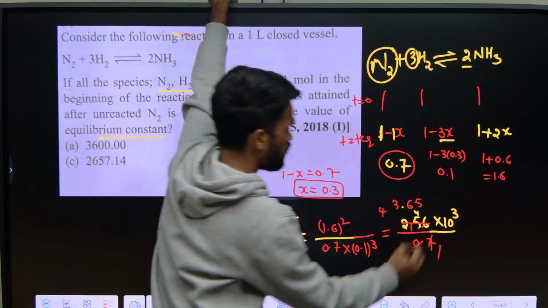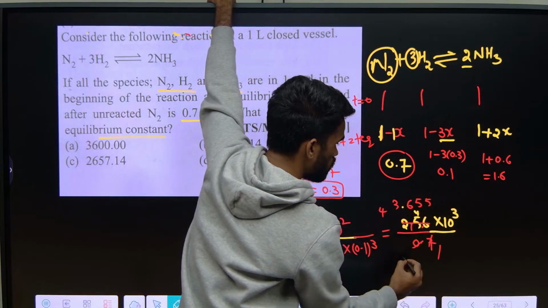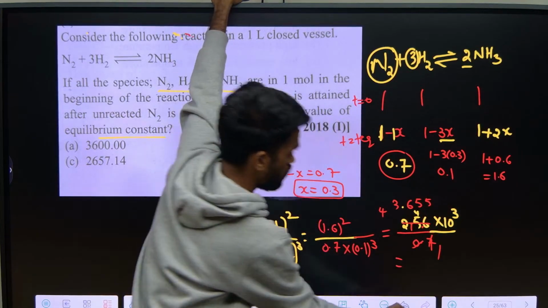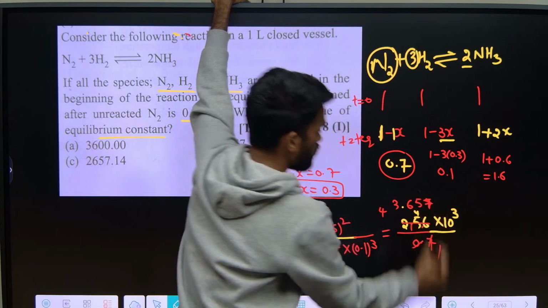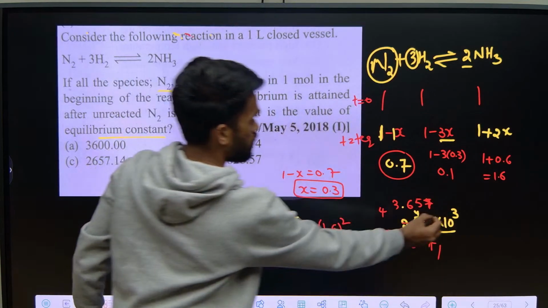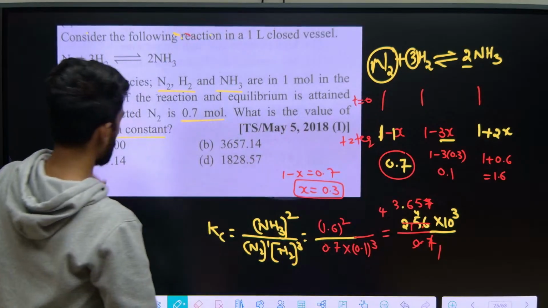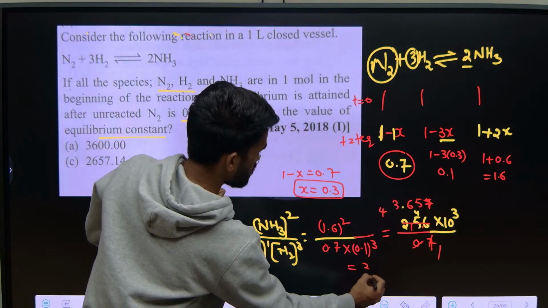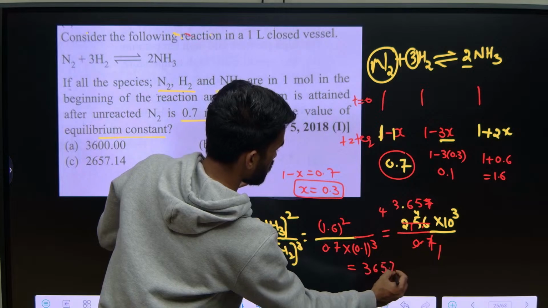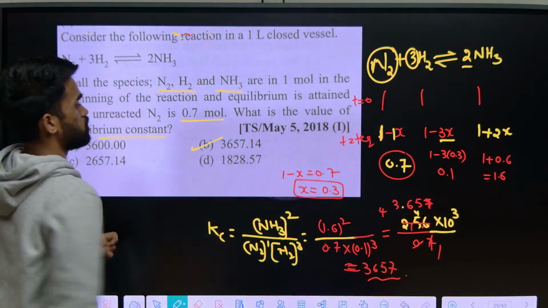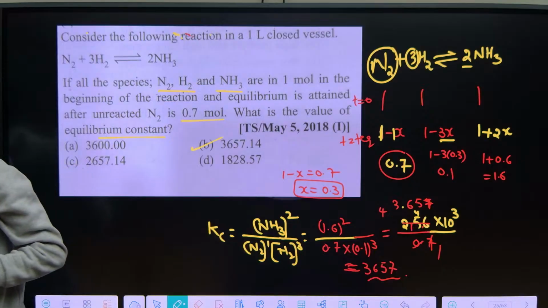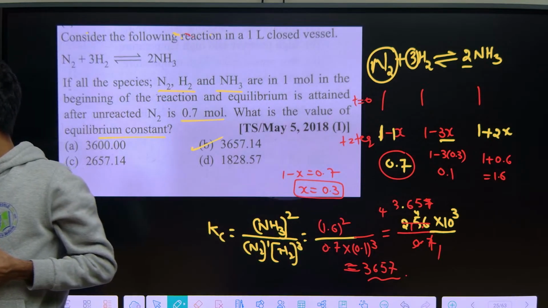Again we have 5 remaining, so 7 times 7 is 49. So just multiply these numbers so that you will get 3657, yes, like this. So we have option B as our answer for this question.